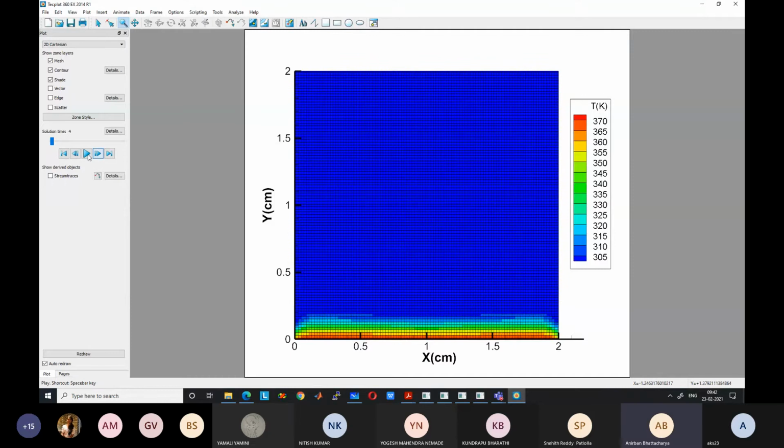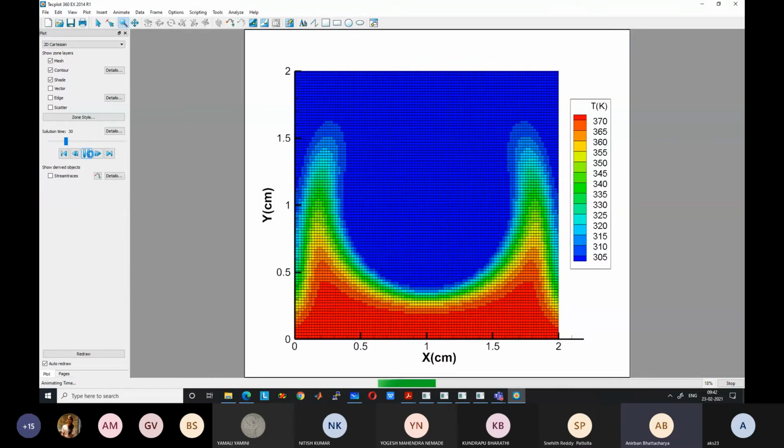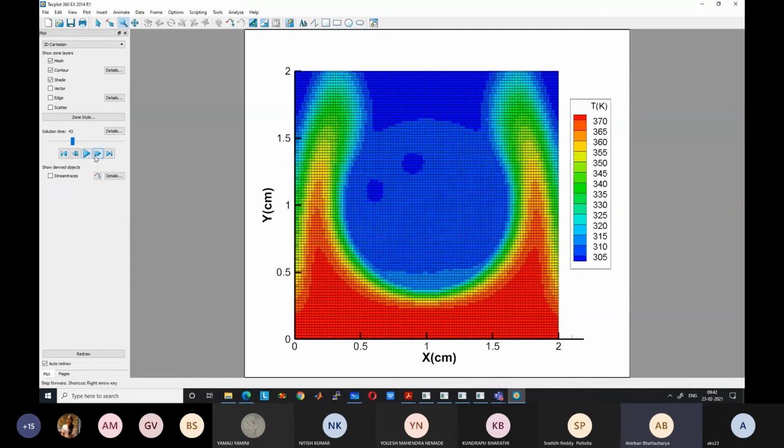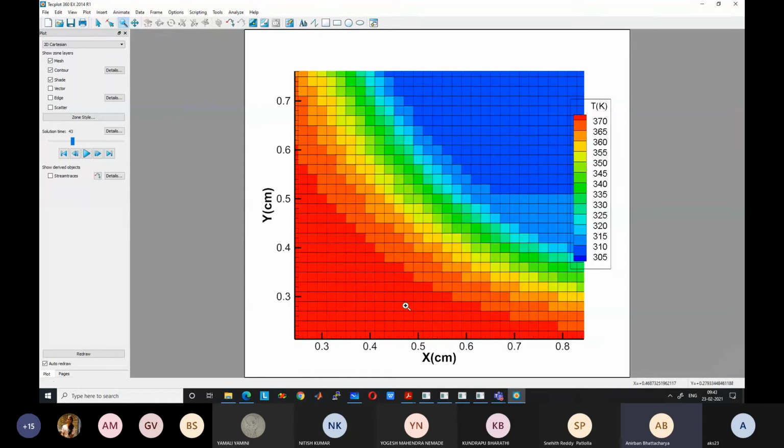Say there is some temperature variation, some problem we have taken, where some temperature variation is occurring. These are like pixels. Each of the small squares you are seeing is a control volume.